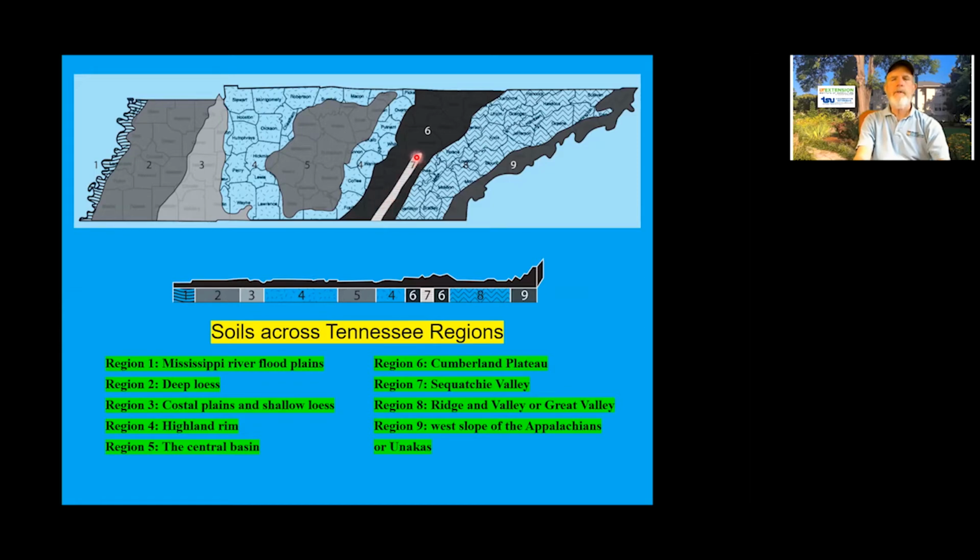That has its own soil makeup. Then we've got number 8, which is the Ridge and Valley. This is kind of where we're at right here in Chattanooga. We've got some ridges and valleys. Then there's the west slope of the Appalachians. This is where the higher mountains are, and some of the different trees that grow over there.